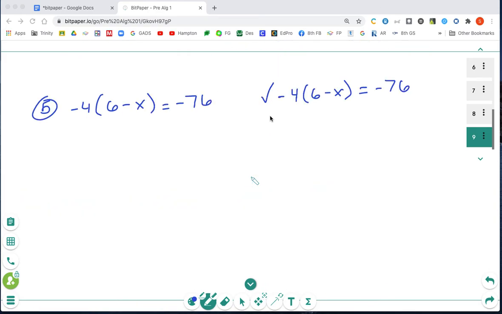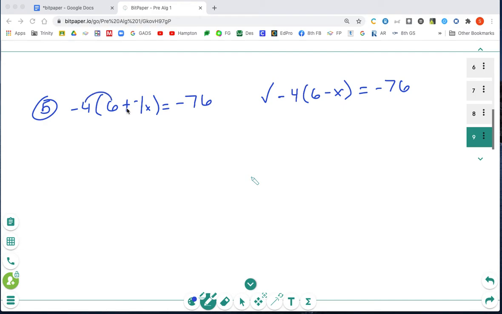Number 5. The first thing that we're going to do is a keep, change, change. So we're going to keep, change, and I have to put a negative 1 on my x. Plus negative 1x. And now we're ready to rainbow.